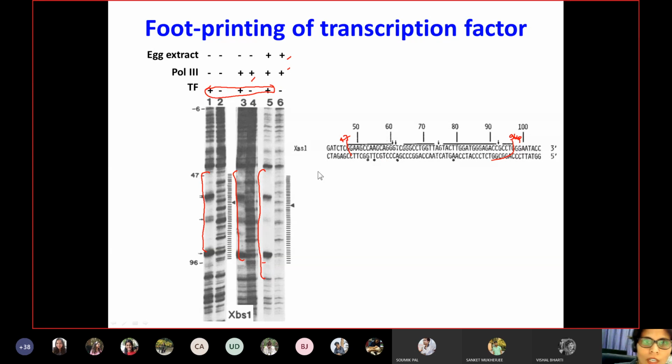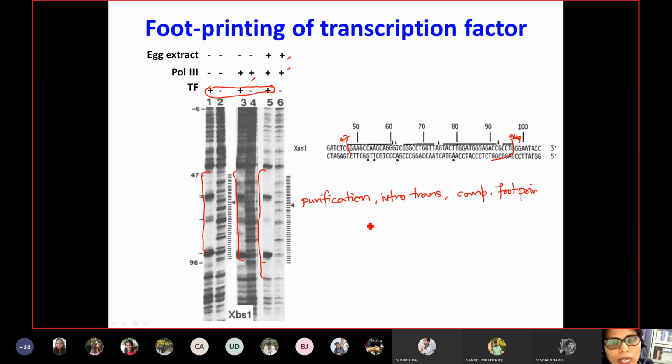So basically, starting from purification to complementation assay, in vitro transcription, then complementation assays, and finally with the help of footprinting assays, they were able to purify the factor and see the mode of action.